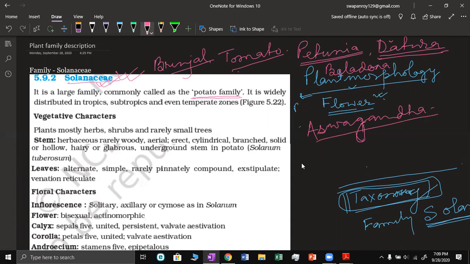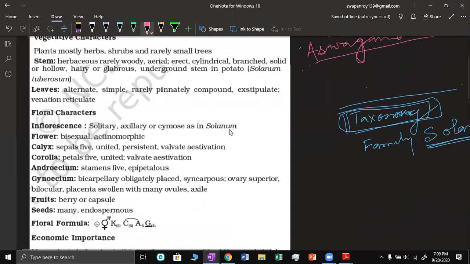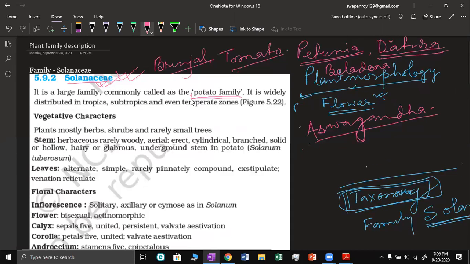So here we have to describe right from the root, the habit of the plants. We have to describe one by one its stem, its leaves, its flower, inflorescence, and then within the flower, calyx, corolla, androecium, gynoecium, everything. So see here, this is a potato family. It is widely distributed in tropic, subtropic, and even in temperate zones like ours.